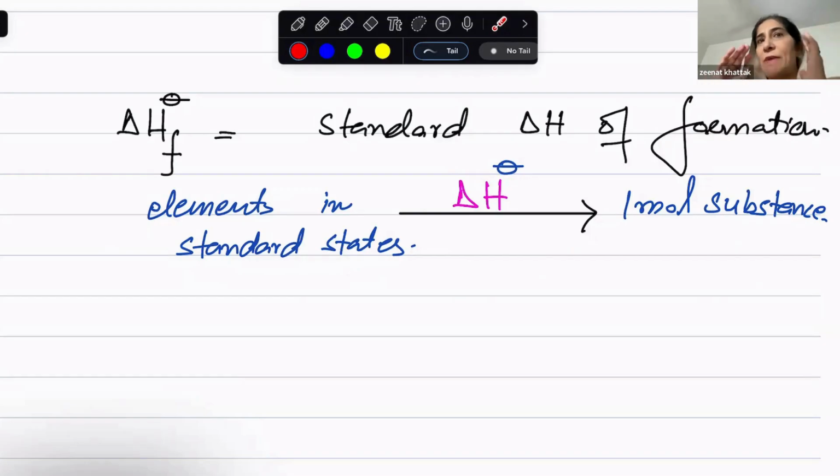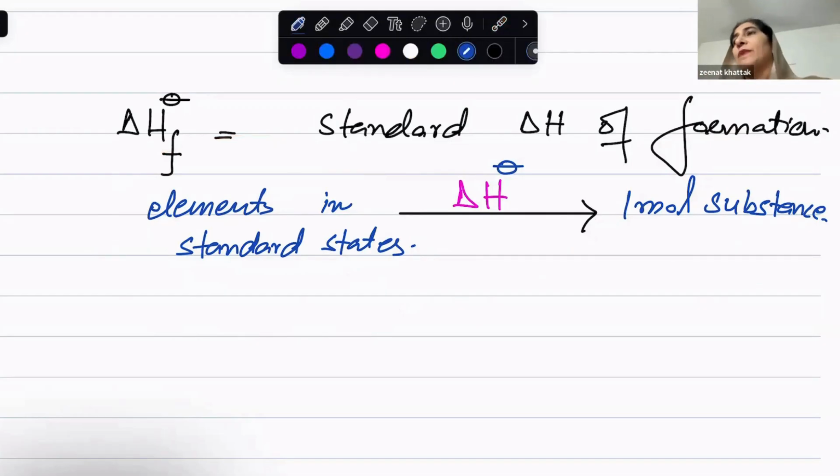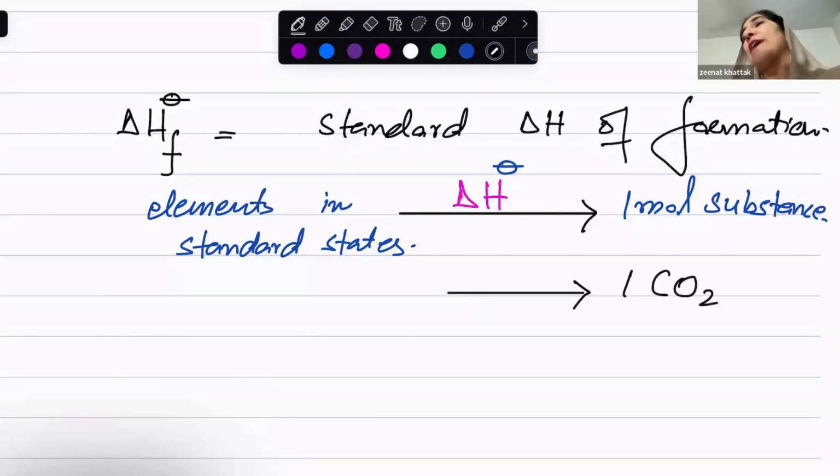You're making 1 mole of the compound, 1 mole of any substance from its elements. See, for example, you are making 1 mole of carbon dioxide gas from its elements.